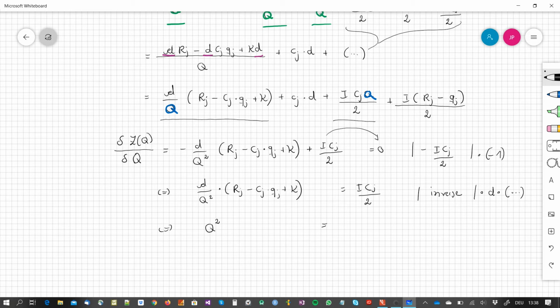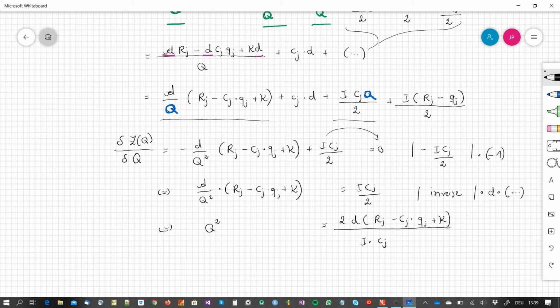And this becomes then 2D multiplied by our bracket. I write it out now so you can see the terms. And this is divided by I multiplied by c_j. And then what rests is losing the power of 2.